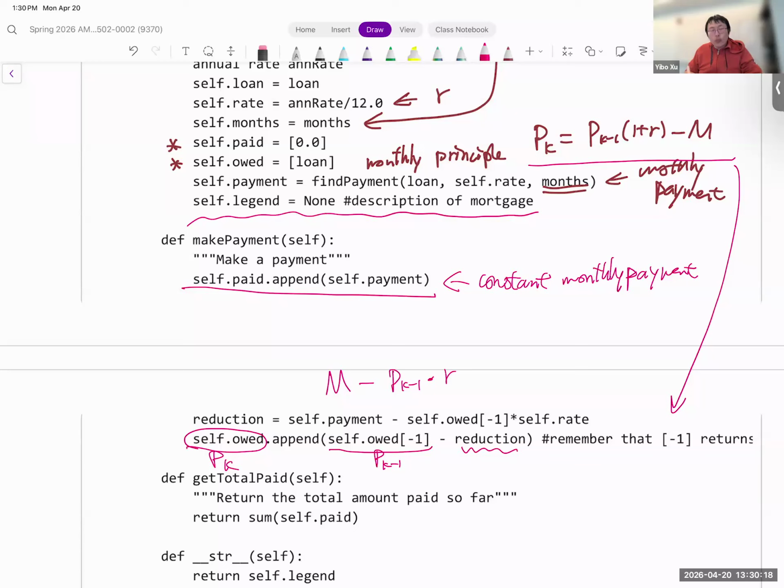It's the way that the original derivation would work. But if you want to simplify the code, that's totally fine. Essentially you are just realizing the purple formula above.